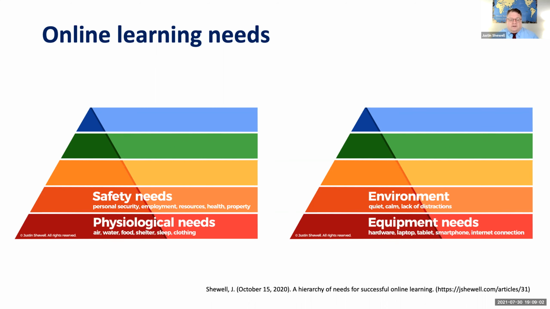Maslow's second level was safety needs, the need to be secure and have health. In online learning, I equate that to the need for an environment that is conducive to learning. Students need a place that's quiet, that they can sit down, that doesn't have distractions, where they can focus on your class.